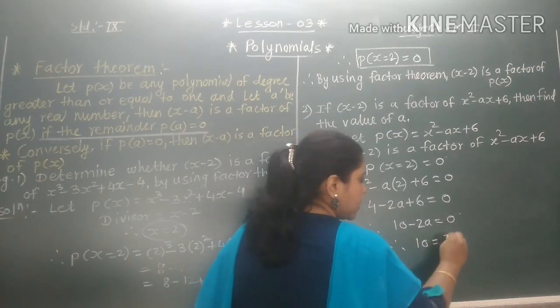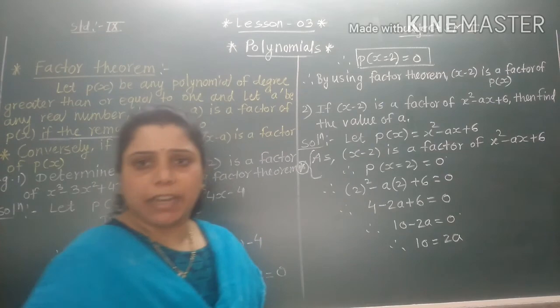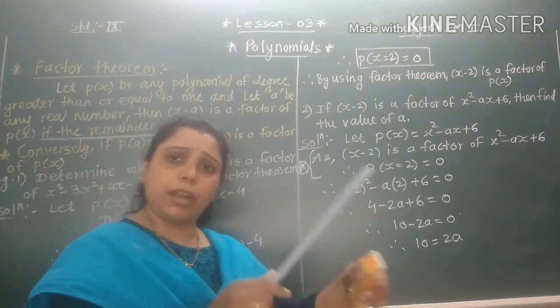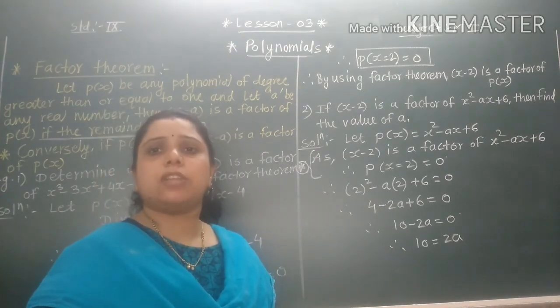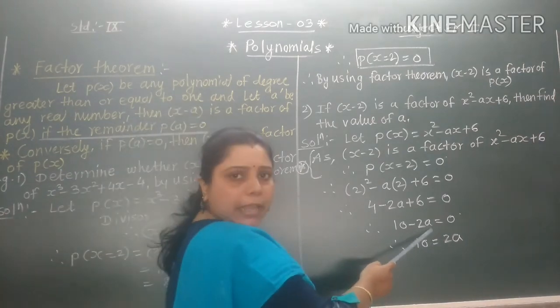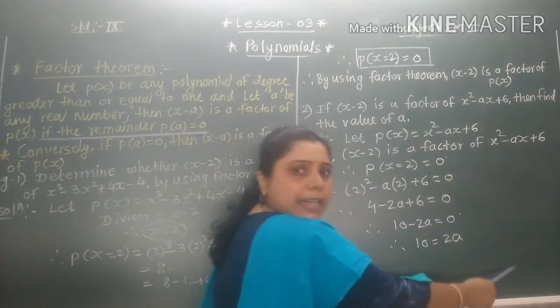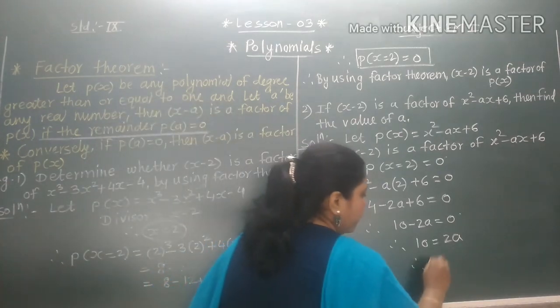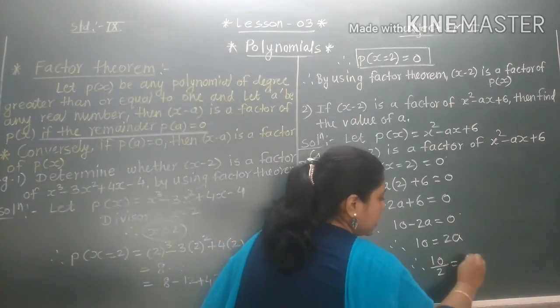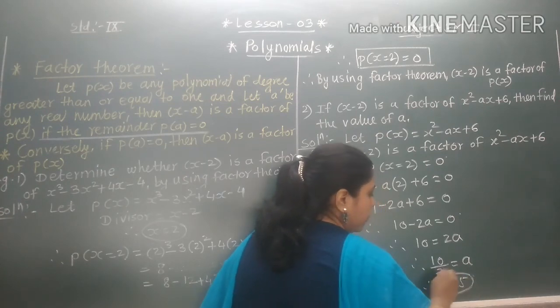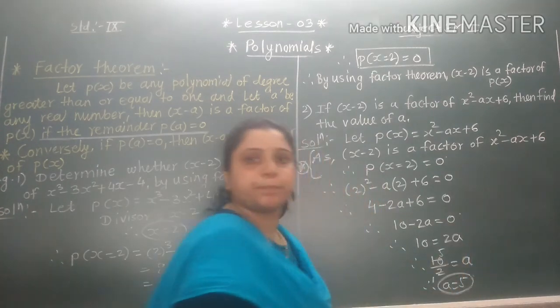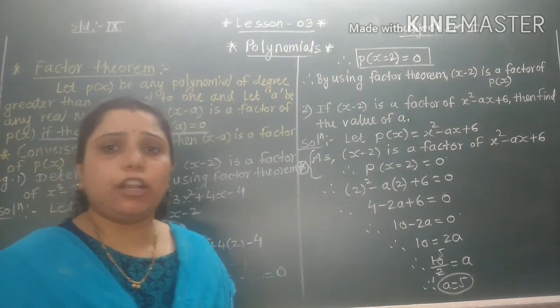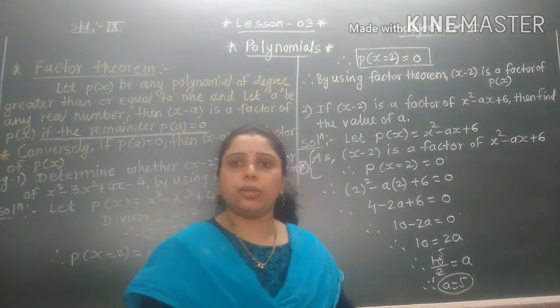Therefore 10 is equal to 2a. When I change the side of a term, its sign changes, so taking minus 2a to the right-hand side it becomes plus 2a. Therefore 10 divided by 2 is equal to a. Therefore a is equal to 5, since 2 fives are 10. So what is the value of a? a is equal to 5.